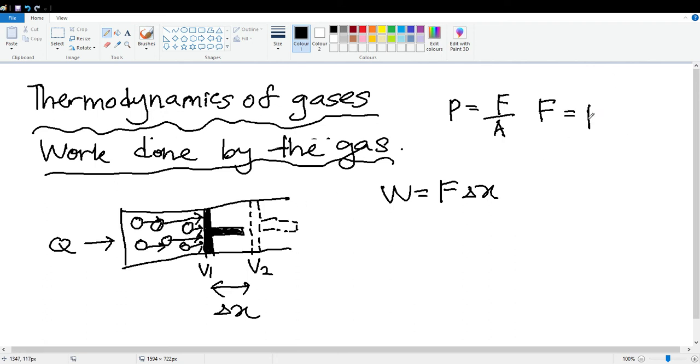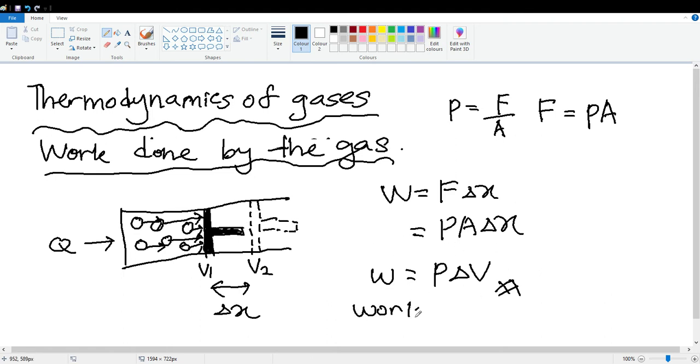So F is PA. Let's substitute this into PA delta x. This A times this change in x gives P delta V. This is what we call the work done by the gas. Let me write it down: work done by the gas.